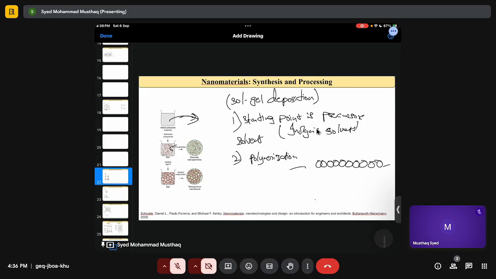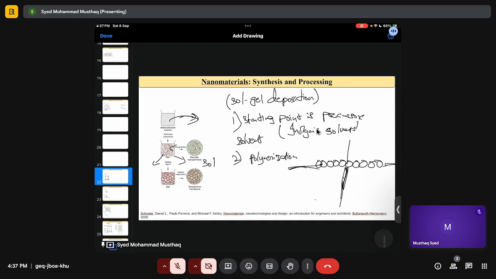It can be in this way, in this way, in any way. So once you have a precursor in a solvent, you make the polymerization. Once you form the polymerization, you have a suspension, which is called a sol.